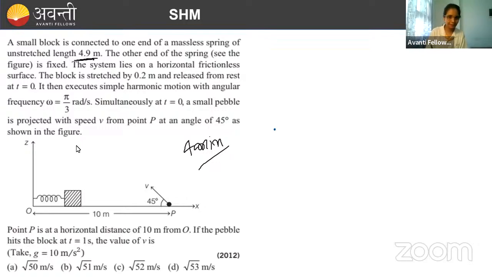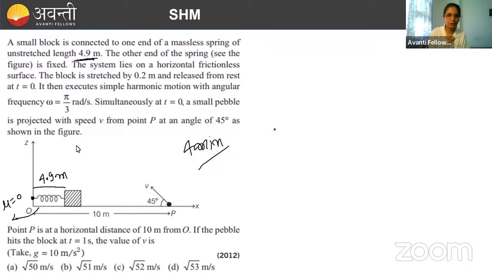That is, when it is in unstressed position, this length is 4.9 meter. That is given in the question, right? The other end of the spring is fixed. Here one end is fixed, and the other end is connected to a small block of some mass m, suppose. Now the system lies on a horizontal frictionless surface. Again, the question is being made easier by telling that friction here is 0.